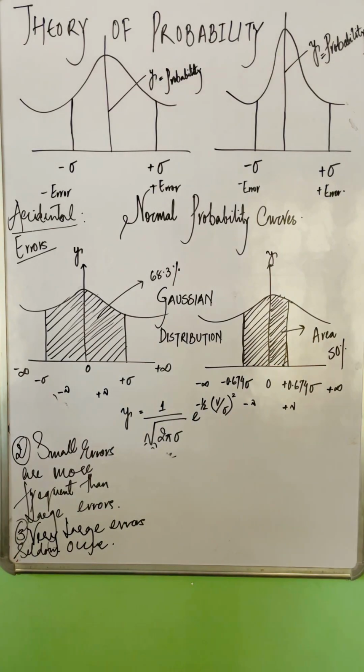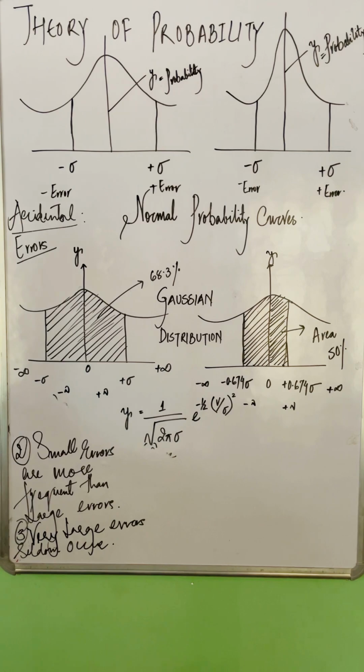So the 3 points to note about these normal probability curves are that positive and negative errors are equal in size and frequency as the curve is symmetrical, small errors are more frequent than large errors, and very large errors seldom occur.